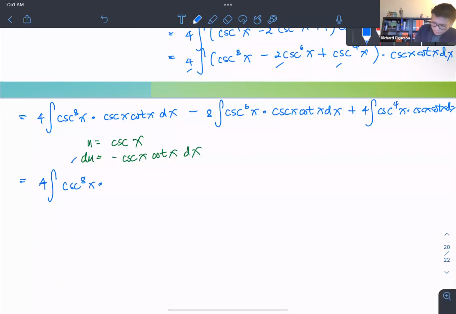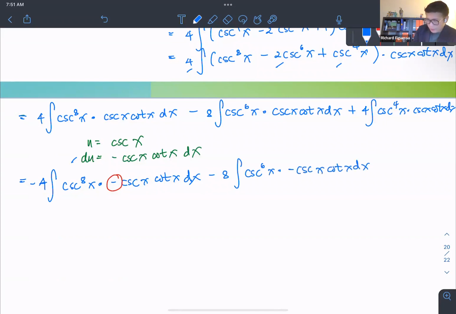So ang derivative niya, it's negative cosecant x cotangent x dx. So we're in excess of negative, so that's why magmumultiply tayo ng negative doon. Then minus 8 integral of cosecant to the 6x multiplied with negative cosecant x cotangent x dx. So sobra ng negative, so magiging positive ito.